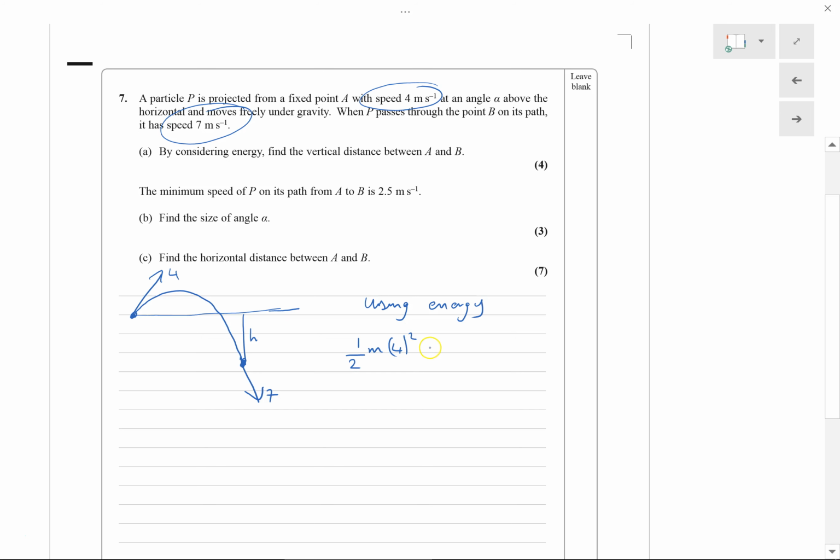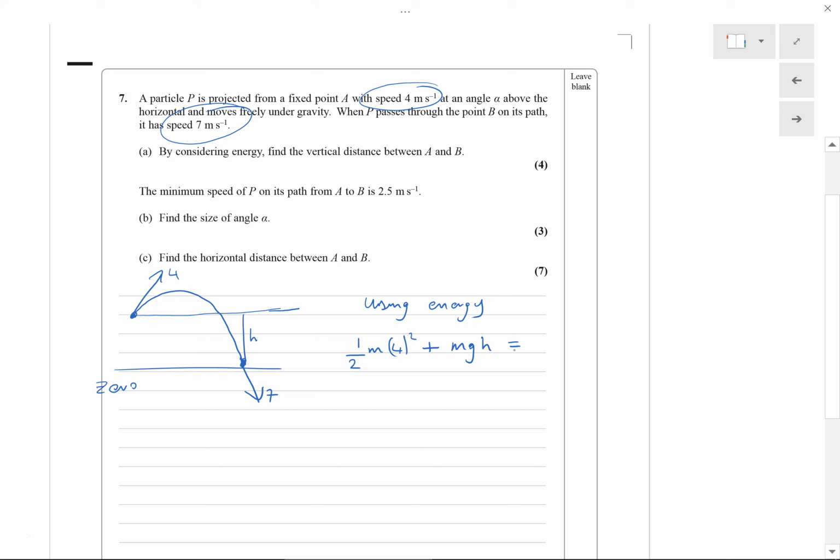Now, that's going to be equal to, if we call this our zero potential energy, we also can add on the gravitational potential energy from there. So that will be equal to mgh.